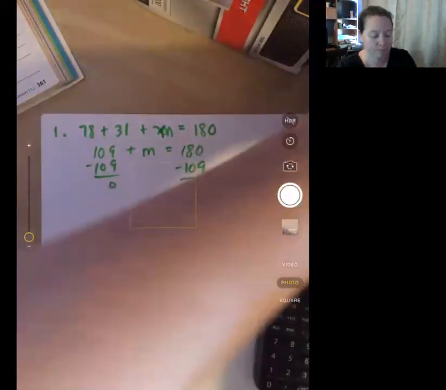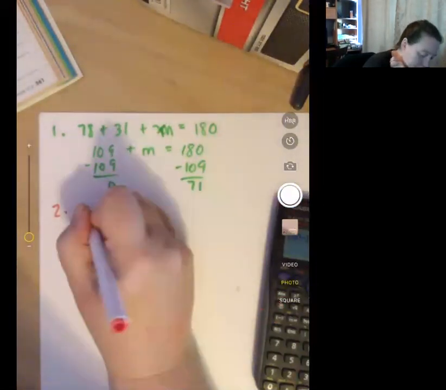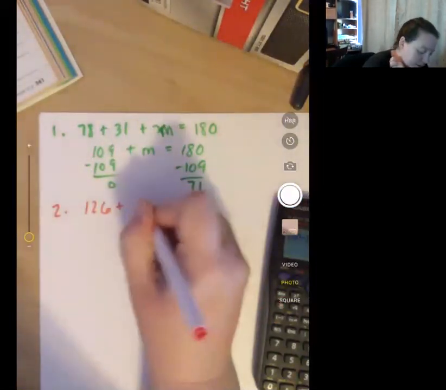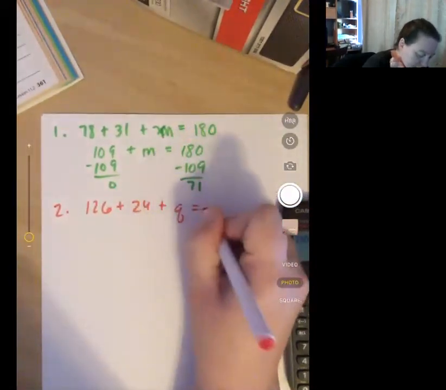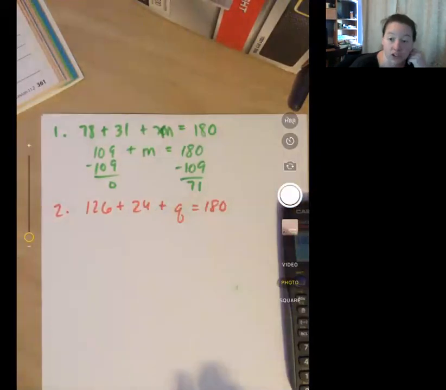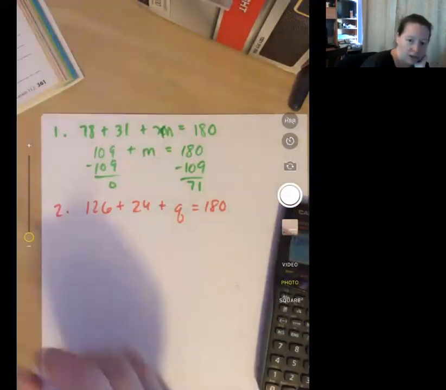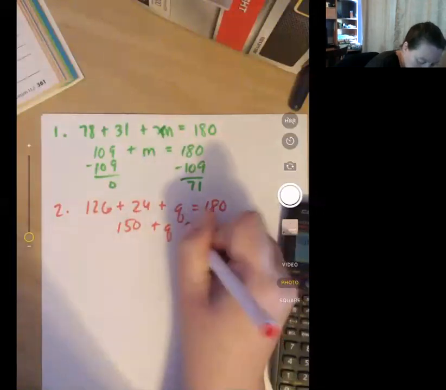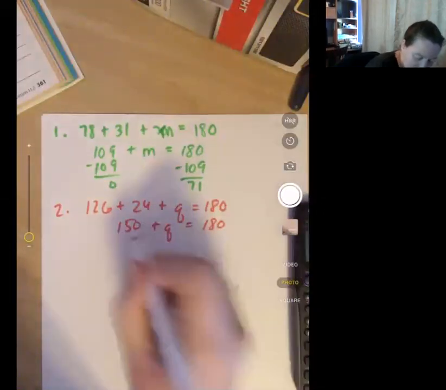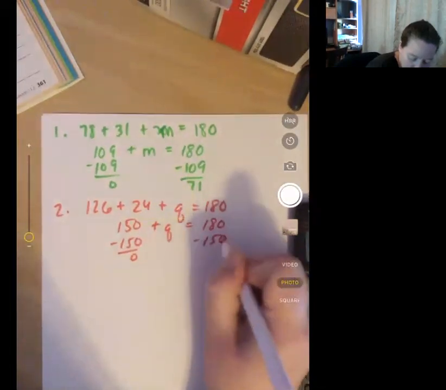Number 2. I have 126 plus 24 plus q is equal to 180 because it's always equal to 180. 126 plus 24 is equal to 150. Plus q is equal to 180. I'm going to subtract the 150 from both sides.